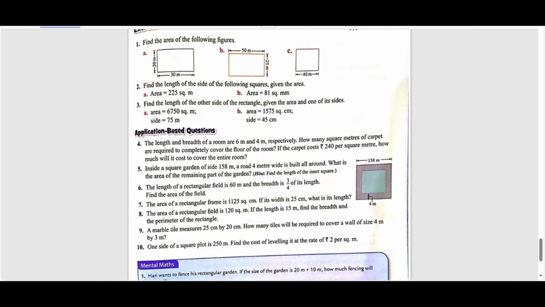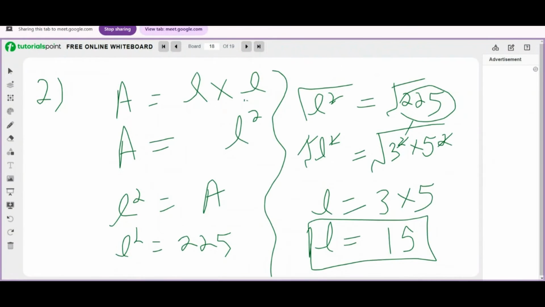Try to do the B part, Aryan. 15. No, no, how do we have to write it then? With the unit, with the unit. That is length, no? That is length, Aryan.